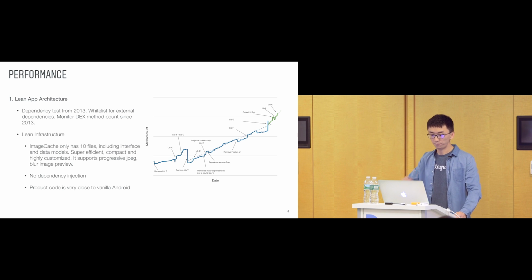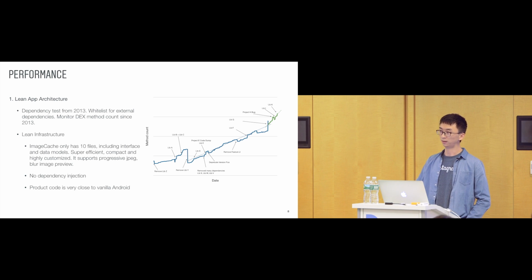The first practice I would like to mention here is related to today's talk title. It's called Lean App Architecture. We have been trying really hard to make sure the app is compact and fast. That actually requires a non-trivial amount of work.